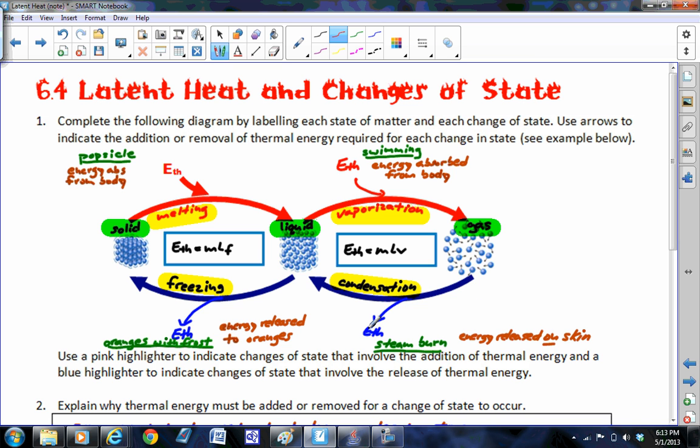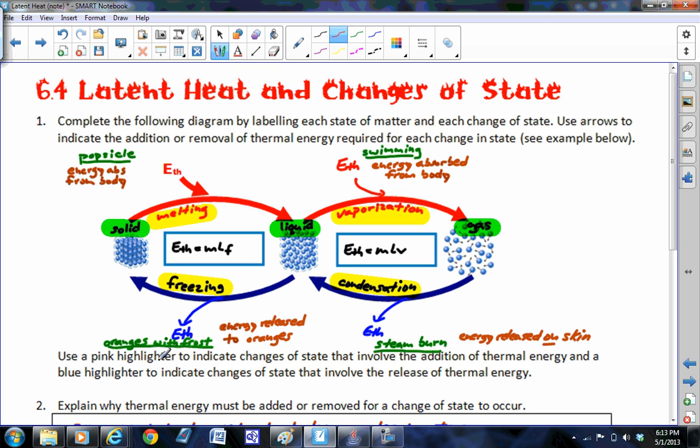And over here in condensation, we have to take energy away. An example of this would be water condensing on a particular surface. It might be your hand. The energy that's released to your hand can cause a nasty steam burn. So that's all the energy being released from the particles as the substance changes from a gas to a liquid.